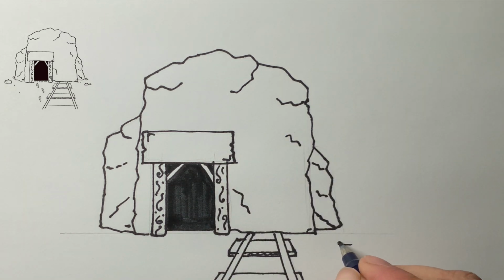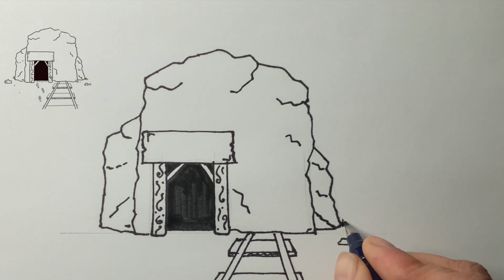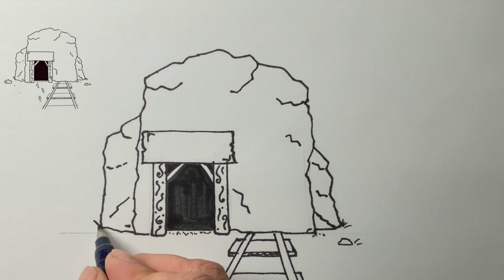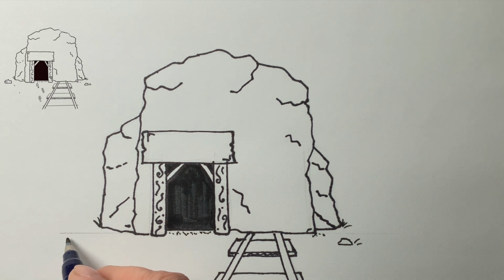Now you can definitely leave this part off, but if you want to add some little blades of grass and some stippling and some rocks around the opening to the entrance, absolutely depends how much time you have in your doodle.